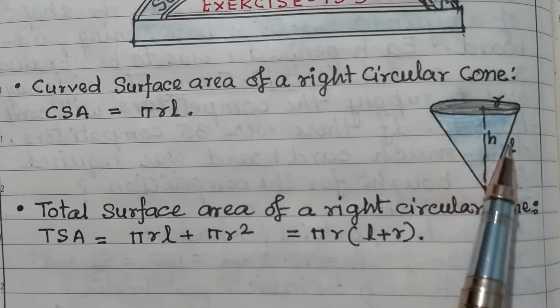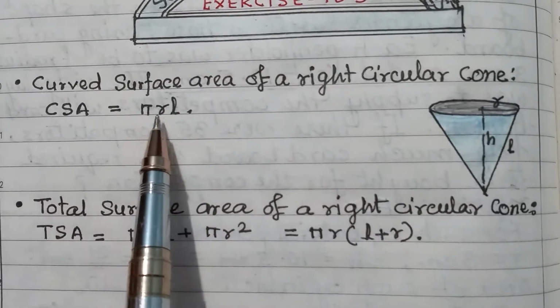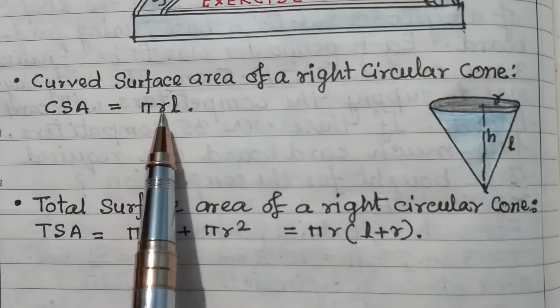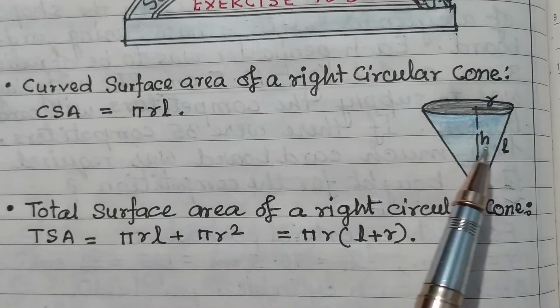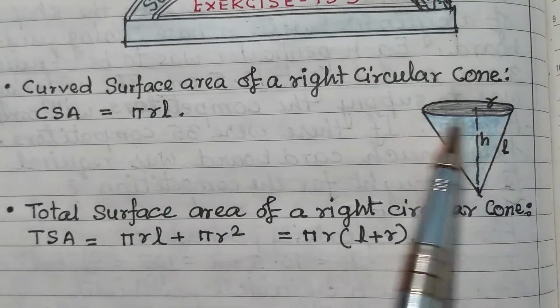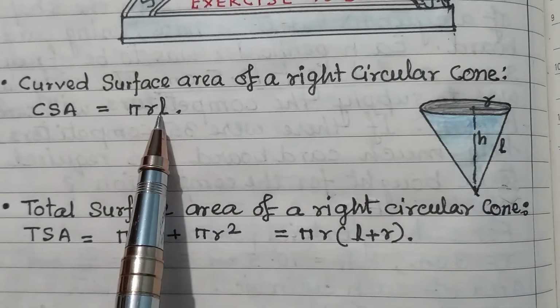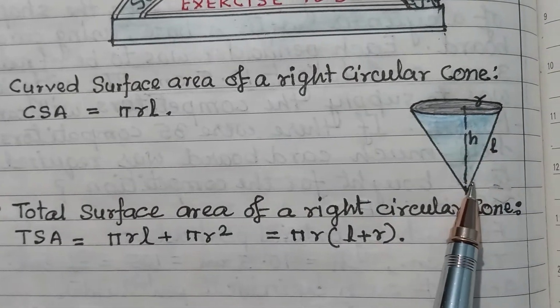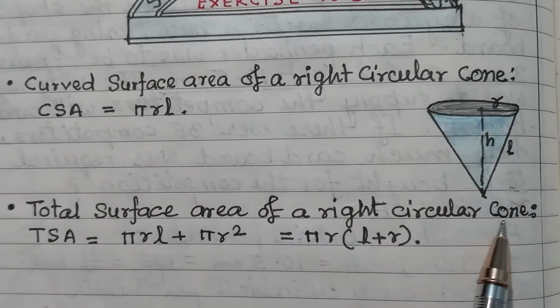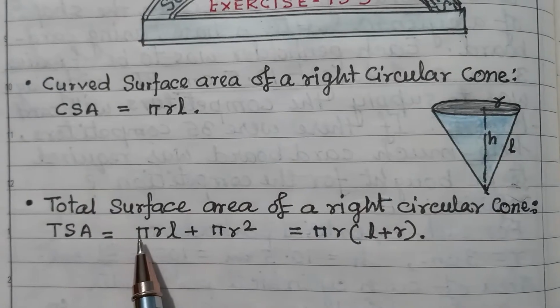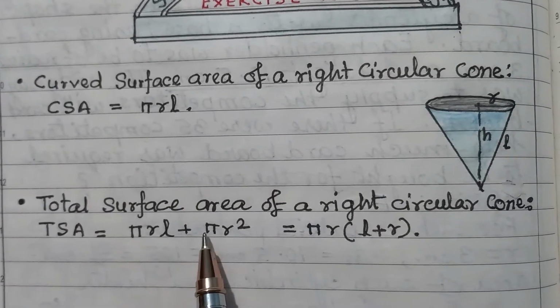The formula for the curved surface area is pi RL, pi into radius of the circular part of the cone, and L is the slant height. The total surface area of a right circular cone, TSA, is pi RL plus pi r square.